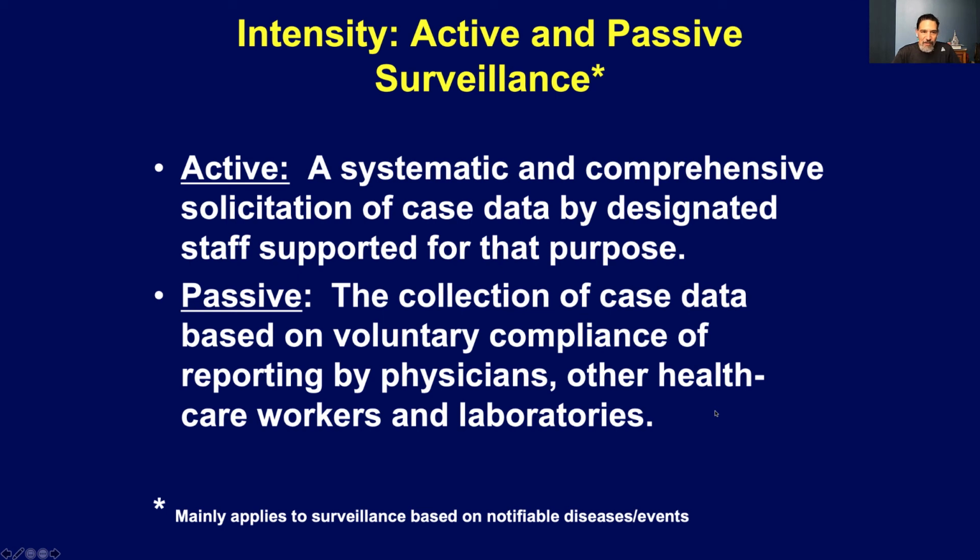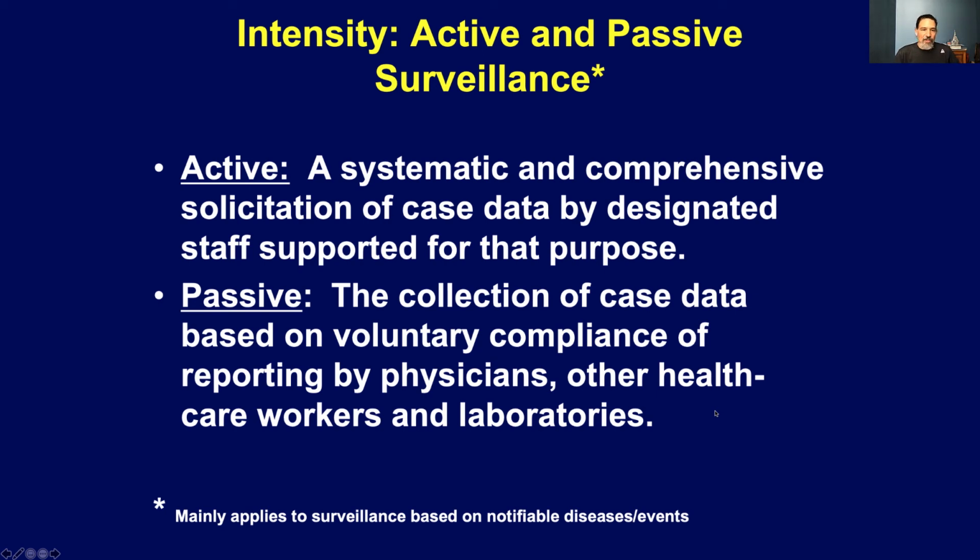Passive surveillance, on the other hand, is a less intense kind of surveillance system, and probably the most common kind, where you have the collection of case data that happens because people who are required to report it sort of voluntarily comply with the reporting process.